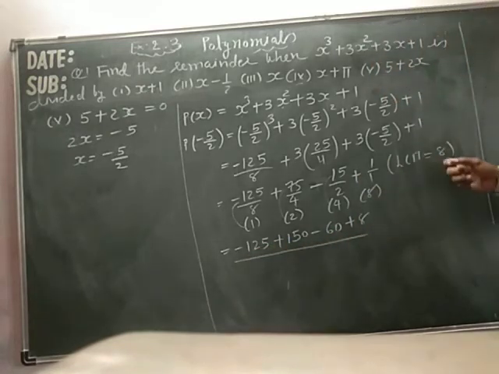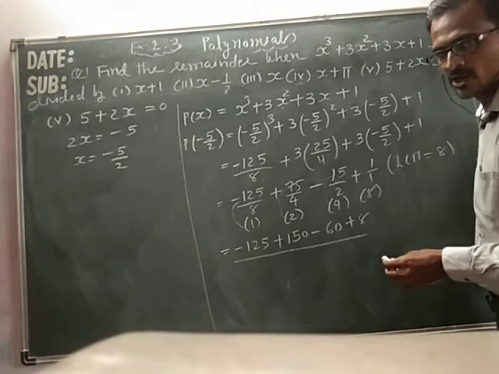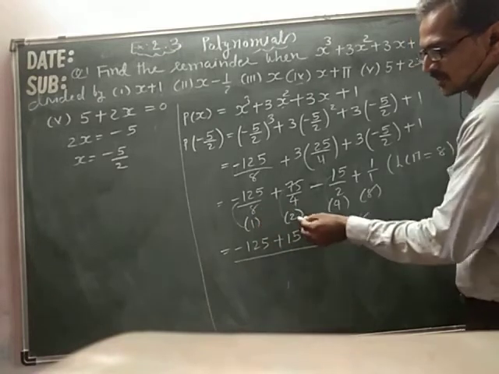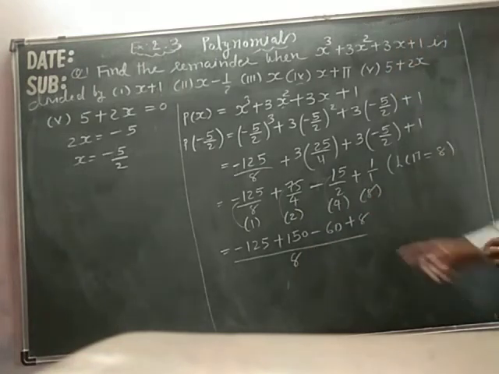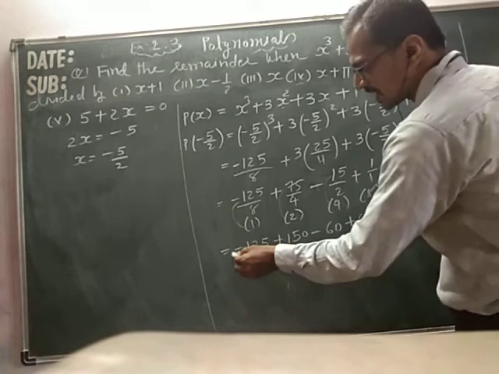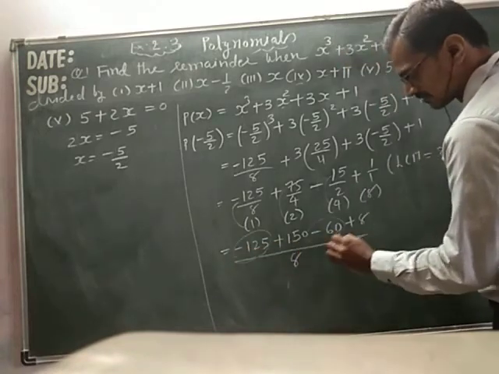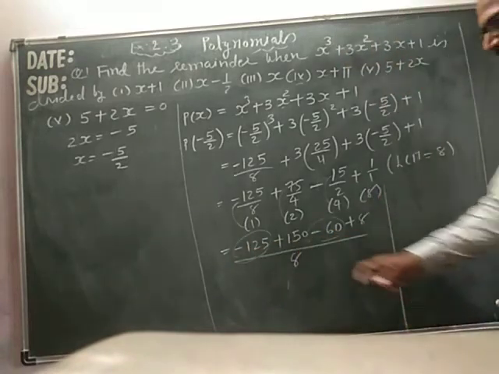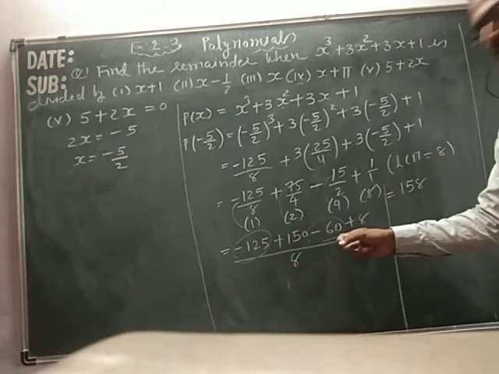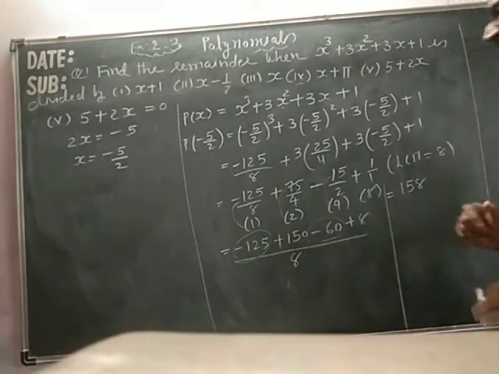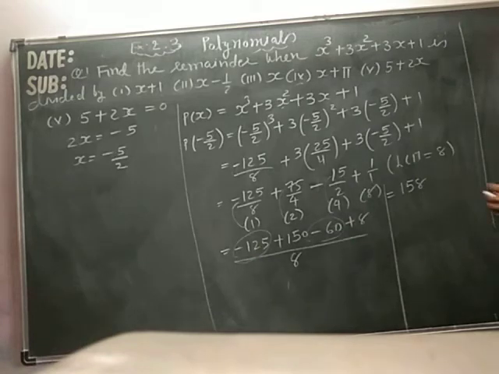The denominator will be the LCM, because check it out, the denominator of all fractions is 8. Now to solve this, first we'll group the numbers. Add positive numbers: 150 plus 8, 158. Okay, now add negative numbers: 125 and 60 will be minus 185, divided by 8.